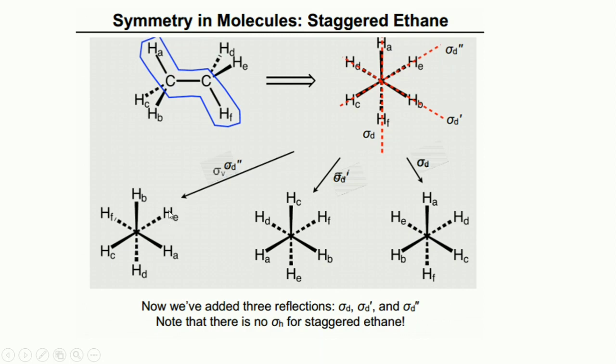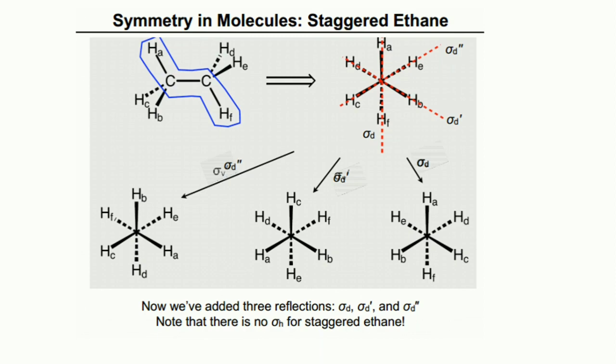The changed positions should be HA and HB, because these have an effect over each other and they will show different shadows over there. So they will change their position. HA will replace HB and HB, subsequently, HA. This is the same case with HD and HF. So we have sigma d double dash over there.